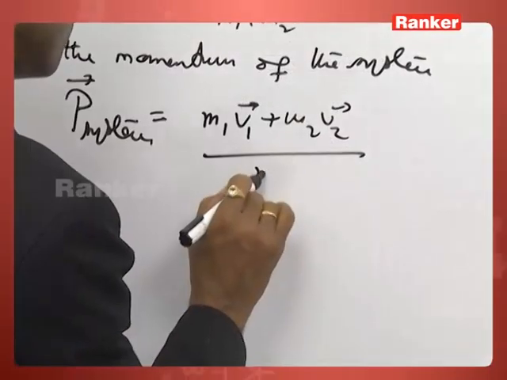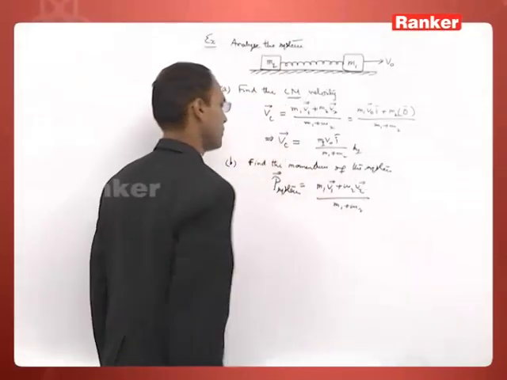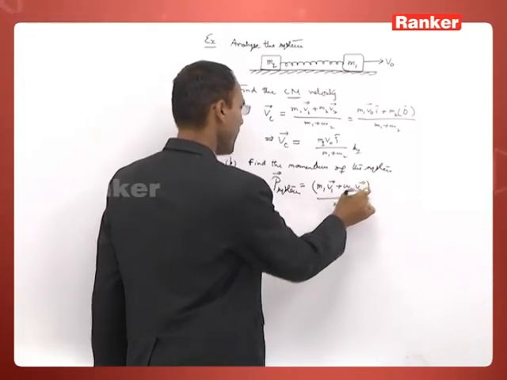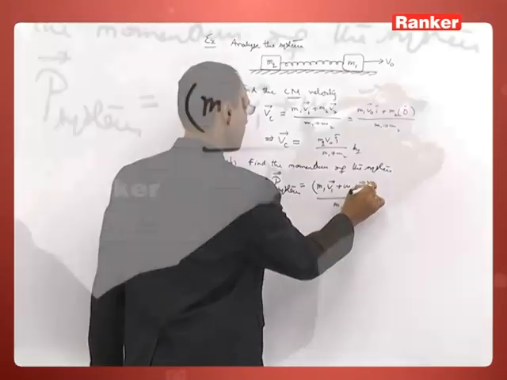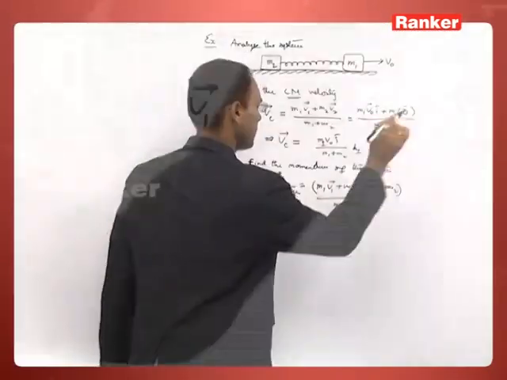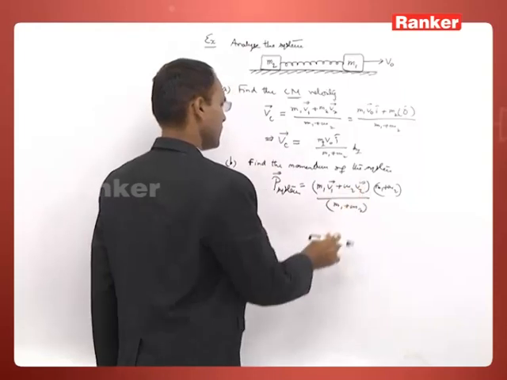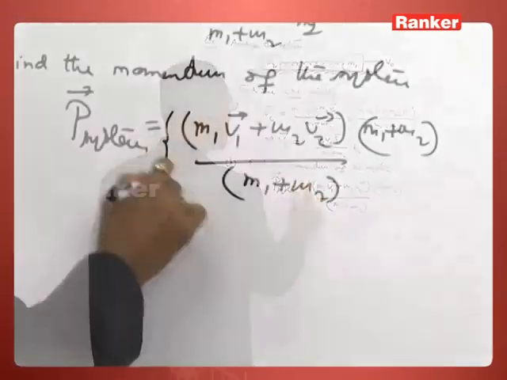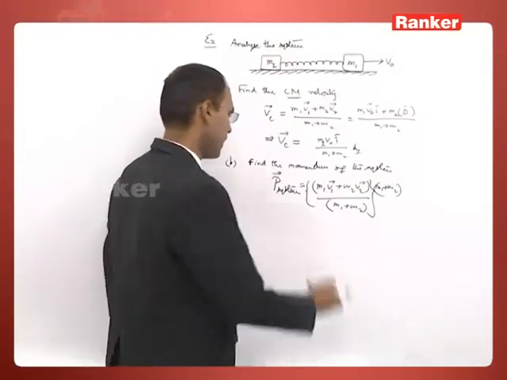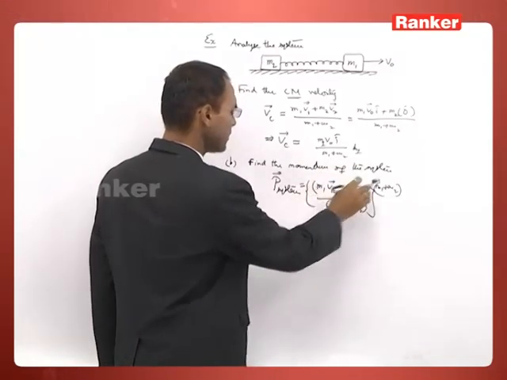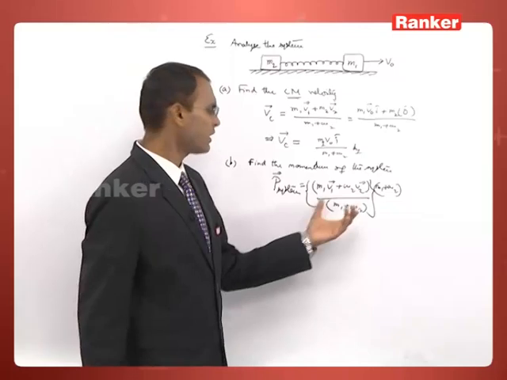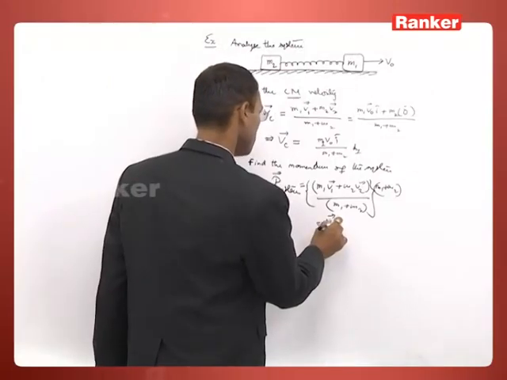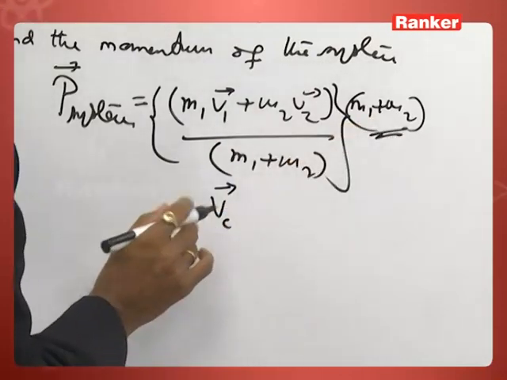If you divide and multiply by the factor m1 plus m2, this factor remains unchanged. m1 v1 plus m2 v2 upon the total mass of the system is none other than the velocity of center of mass, into the total mass of the system.